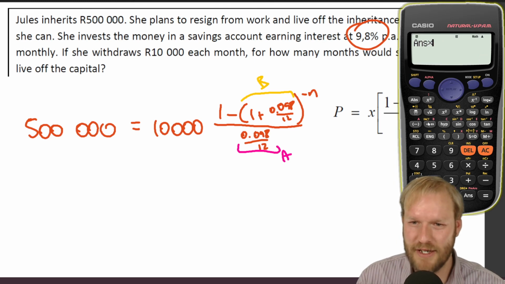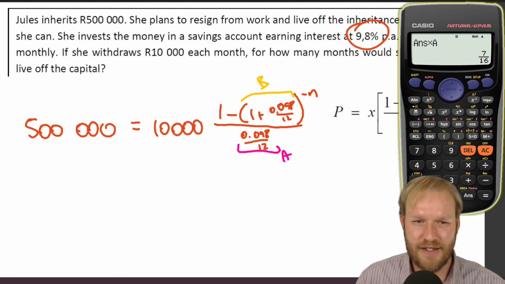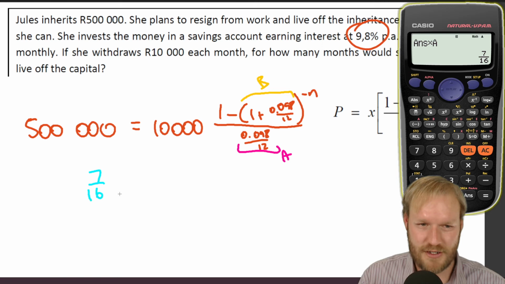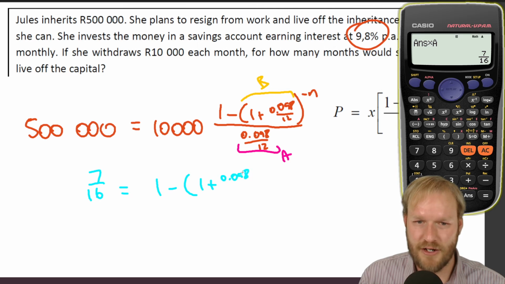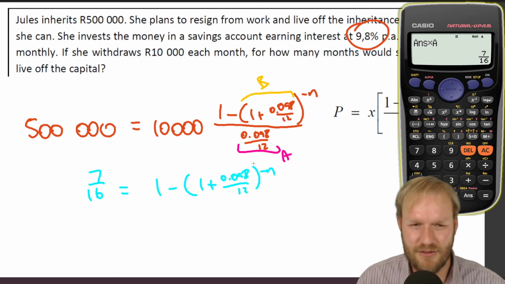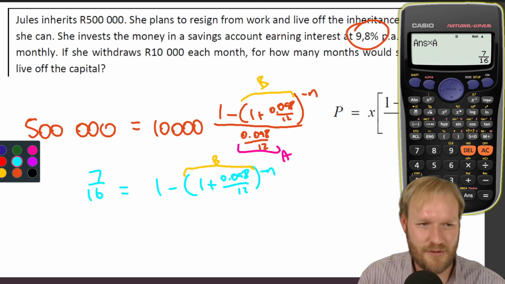Times by the denominator, alpha A. So far what we've got is 7 over 16 equals 1 minus (1 plus 0.098 over 12) to the negative n. Remember this part is b. I'm just reminding where we're at.